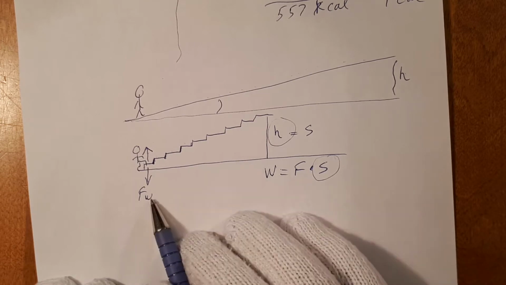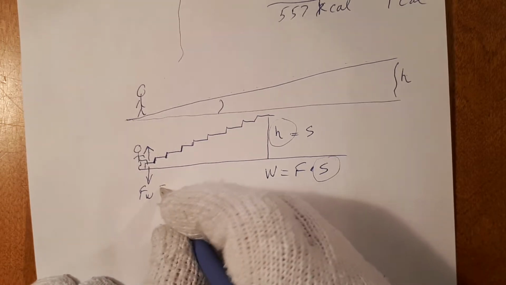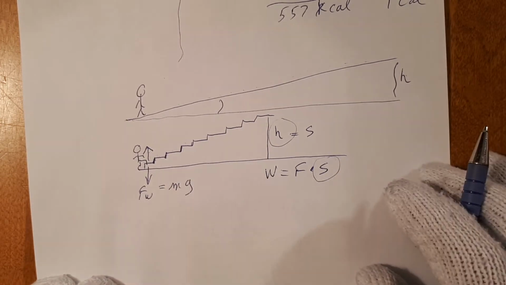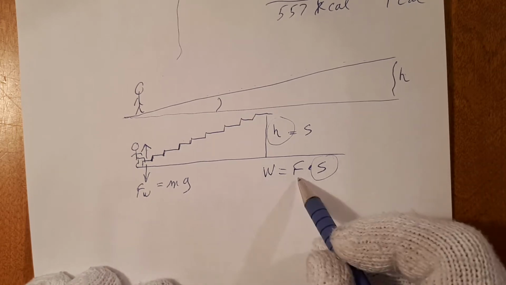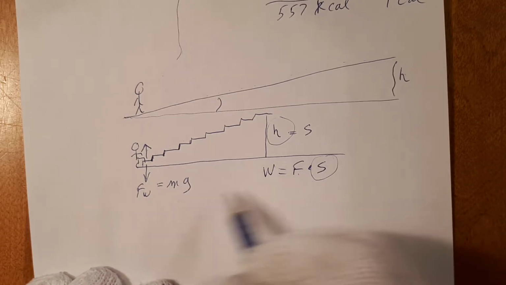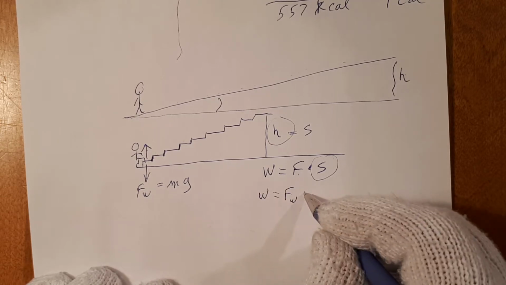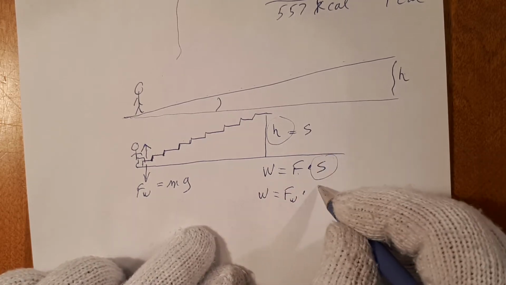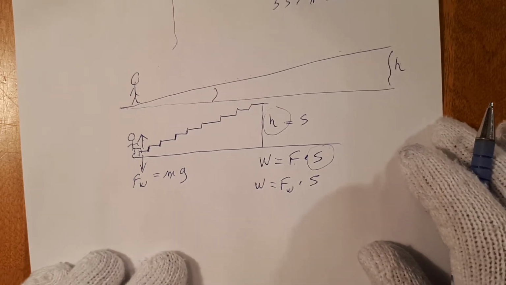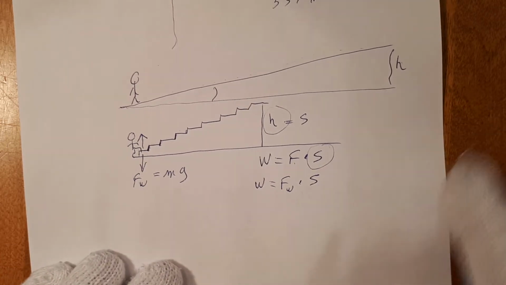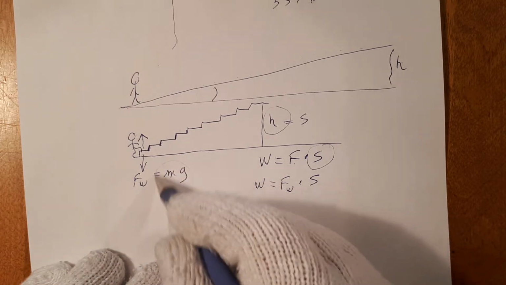And if we look at this, his weight is equal to mg, and this force right here could be substituted with force W, the force of his weight, times the height that needs to be traveled. Call it S. Or we can represent this with the right-hand side.